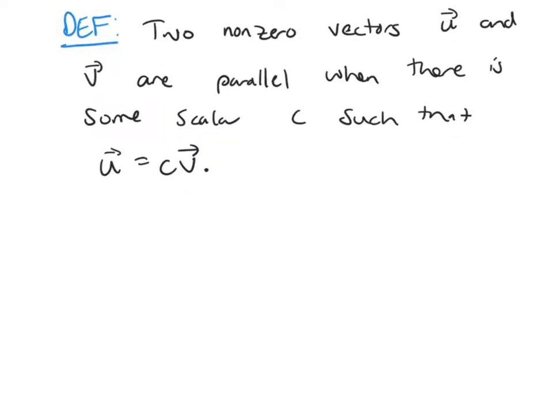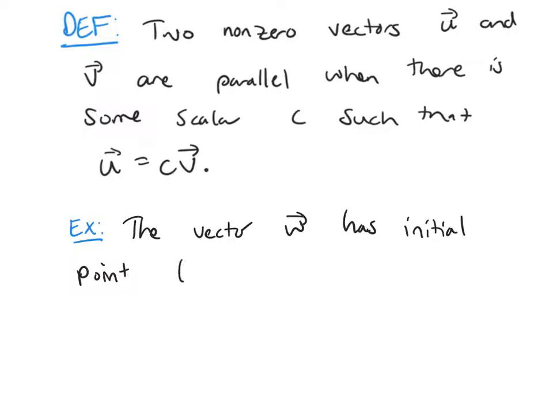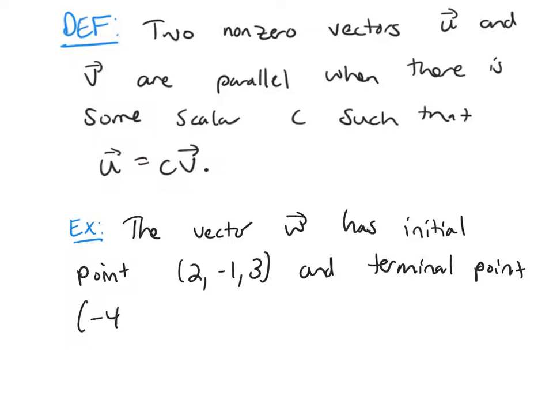So let's look at this a little bit more. Let's look at the following problem. I'm going to tell you that the vector w has initial point 2, -1, 3 and terminal point -4, 7, 5.